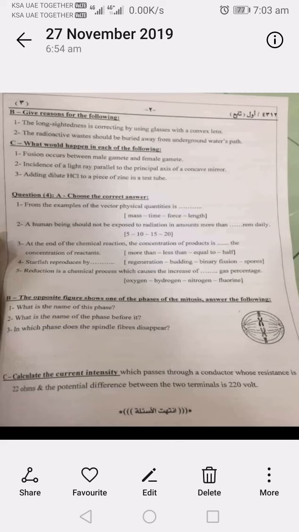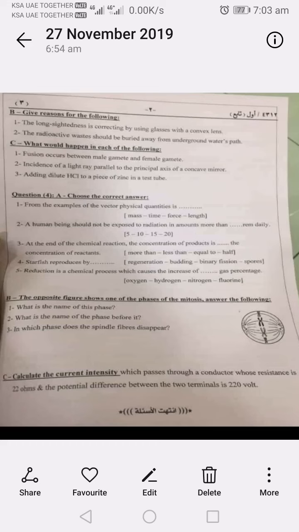Starfish reproduce by regeneration, budding, binary fission, or spores. The answer is regeneration. Reduction is a chemical process which causes the increase of space percentage: oxygen, hydrogen, nitrogen, fluorine. The answer is hydrogen.